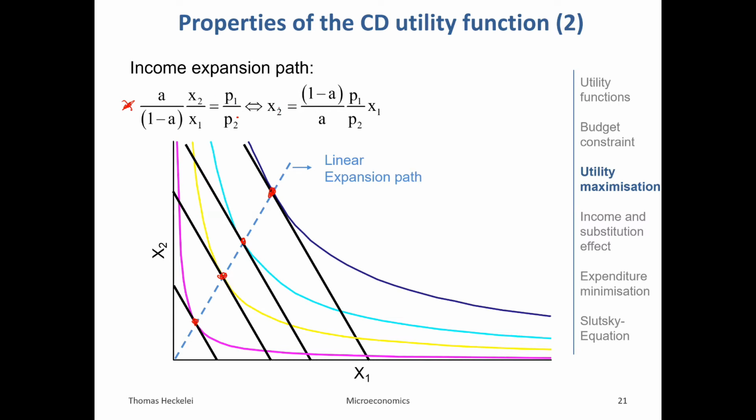So now you could also solve for x2 as a function of x1 and all other parameters, the exponent, p1, p2. Do that on your own if you feel like practicing a bit more.